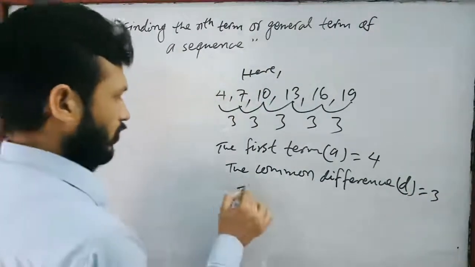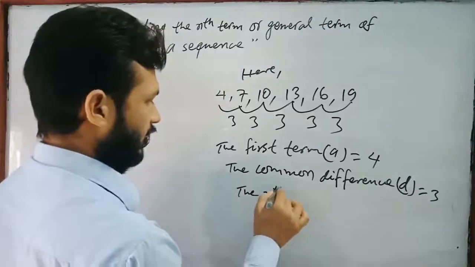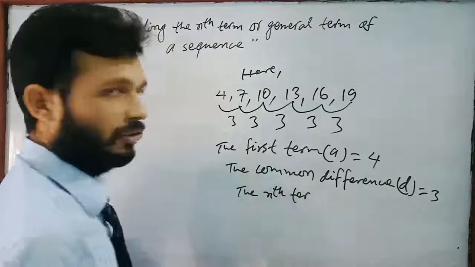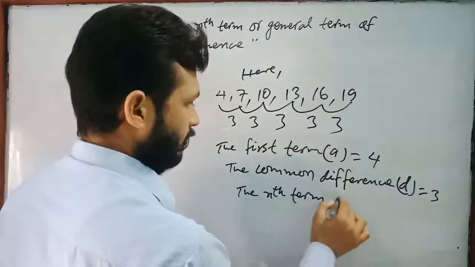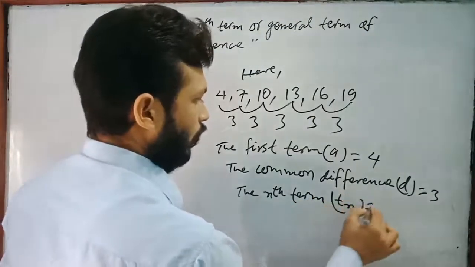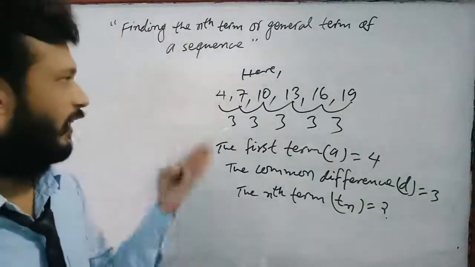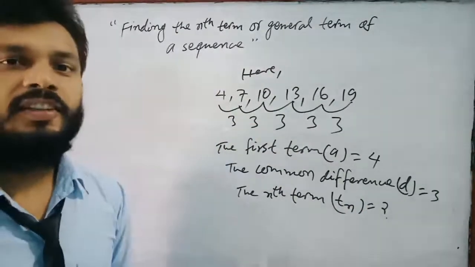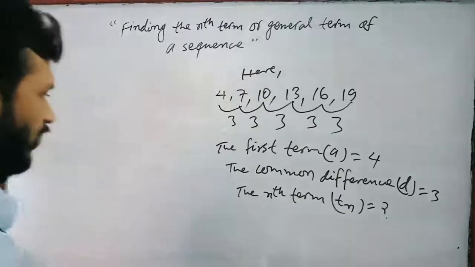Understood? Now the nth term of the given sequence, or it is also called the general term. The nth term Tn equal to. We have a formula to find the general term of a linear sequence.